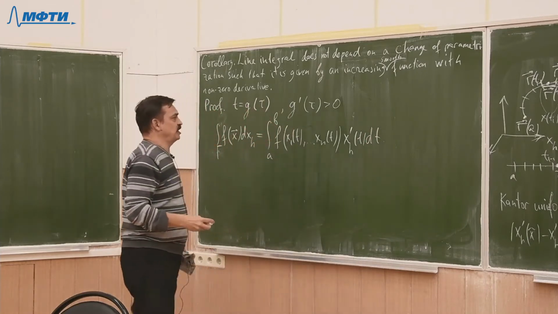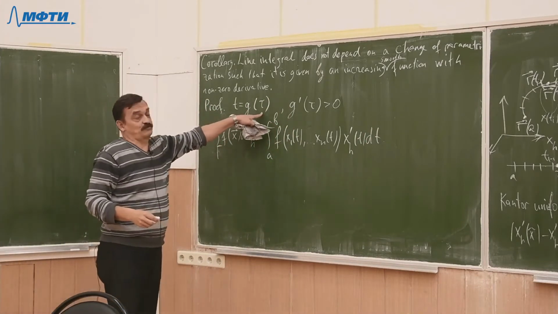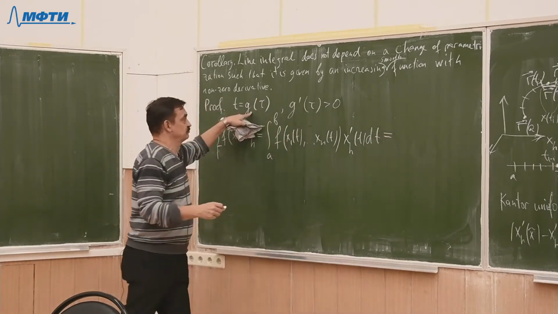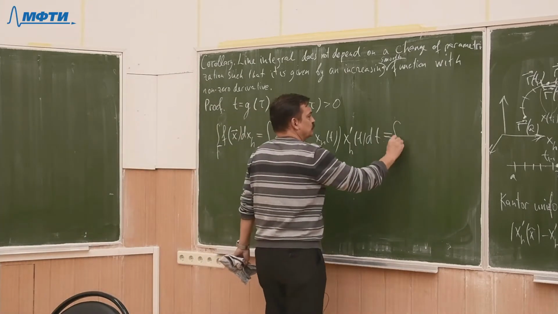And now we change the variable, t equals g of tau. So let us change the variable. Then what should we write?